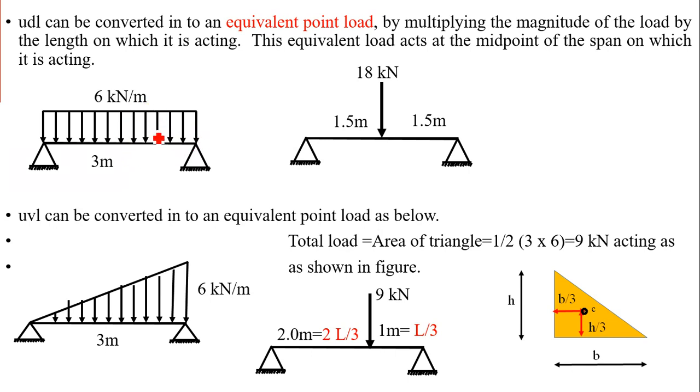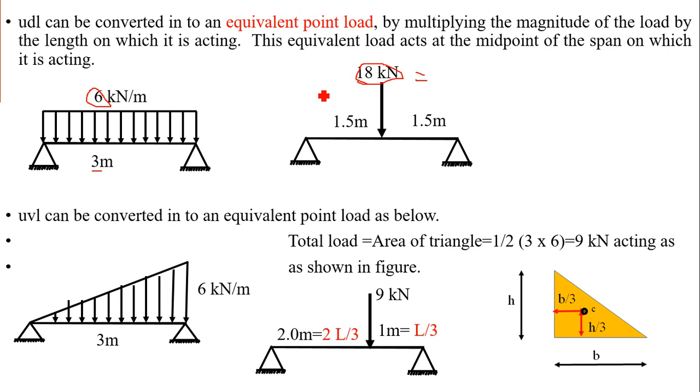To convert this into an equivalent point load, the value is equal to the magnitude of the load multiplied by the length on which it is acting, that is, magnitude of the UDL is 6 and the span is 3. So 6 multiplied by 3 is 18 kilonewton.